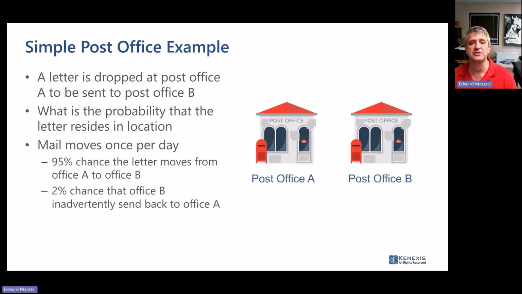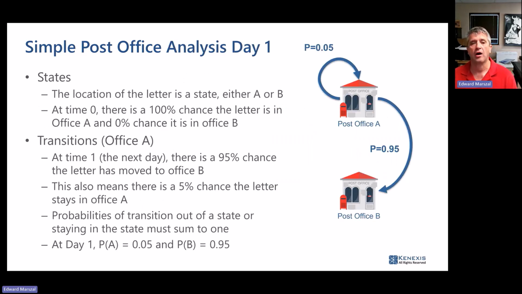So the first thing we're going to do is draw our Markov models. There are two states. Either the letter is in post office A or the letter is in post office B. It's going to be in one of those two states. And in the very beginning, if I'm only looking at post office A, what is the probability of transition?